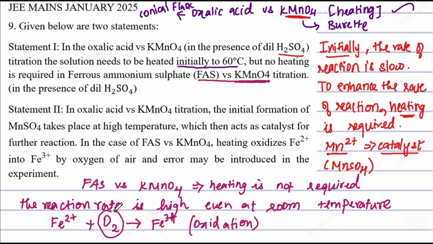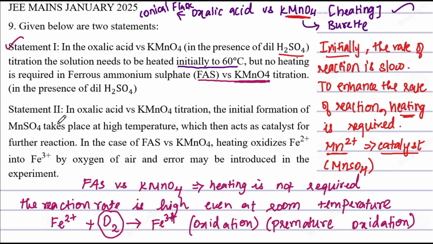It is happening due to O2. So this is called premature oxidation. To avoid this premature oxidation, heating is not done in this experiment, FAS versus KMnO4. So the first statement is correct.